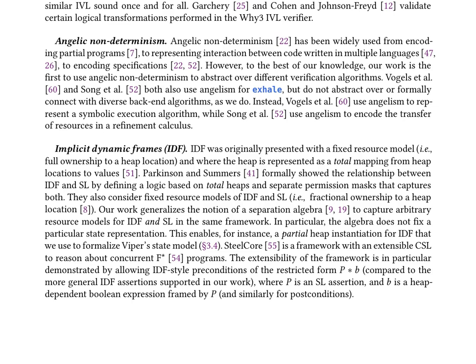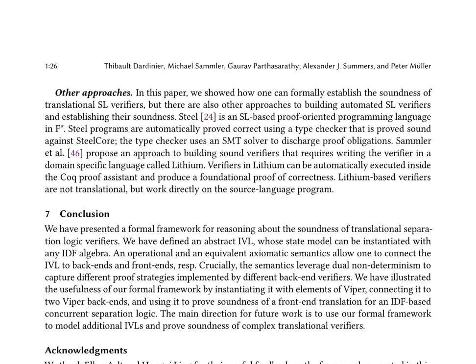Angelic nondeterminism has been widely used, from encoding partial programs, to representing interaction between code written in multiple languages, to encoding specifications. However, to the best of our knowledge, our work is the first to use angelic nondeterminism to abstract over different verification algorithms.